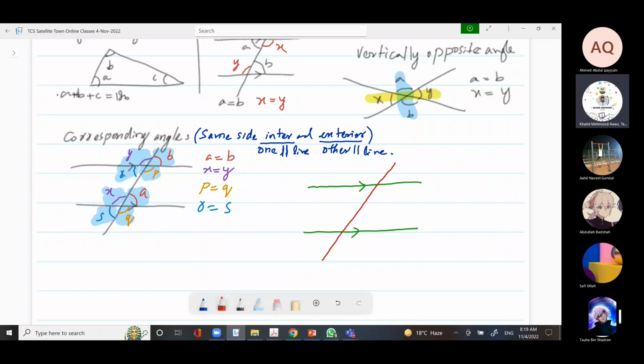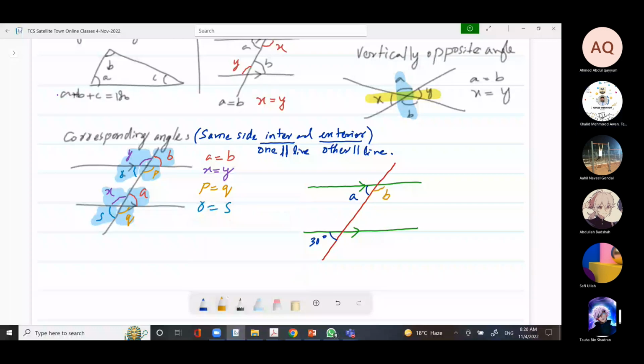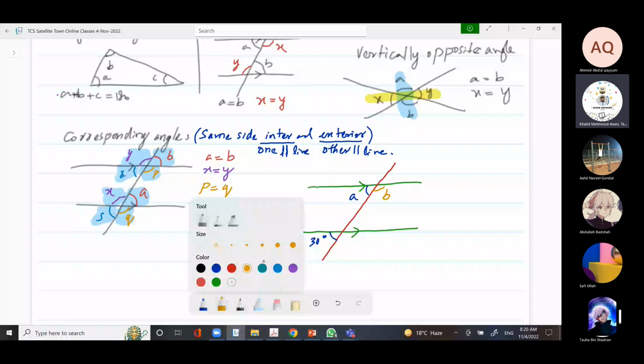This is B, and this is P, and the other one is angles. Now we have one angle, and then we have to mark what the other angles are.